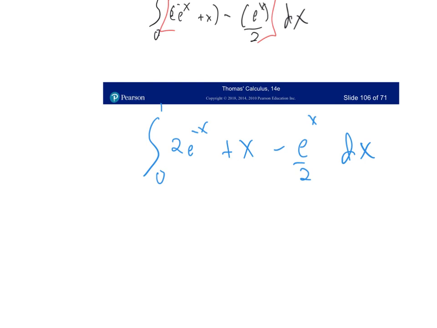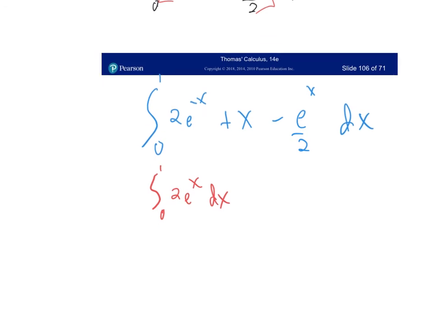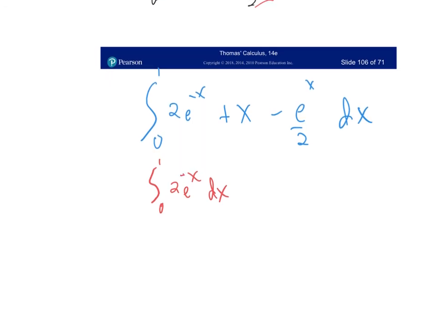Treat them as 3 different integrals. Integrate. I could do it without the u substitution, but I'm just going to demonstrate that if you wrote it like this, let me do that first piece.